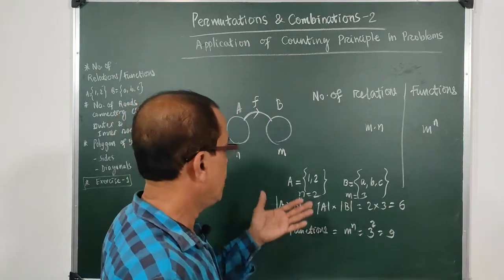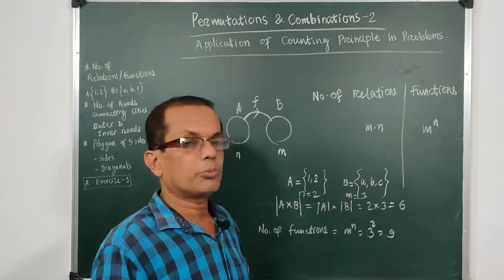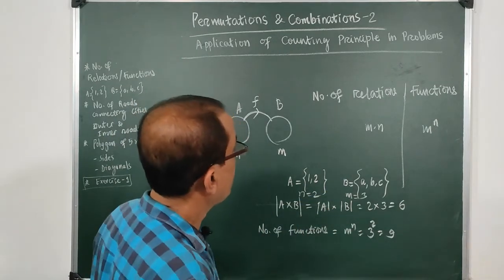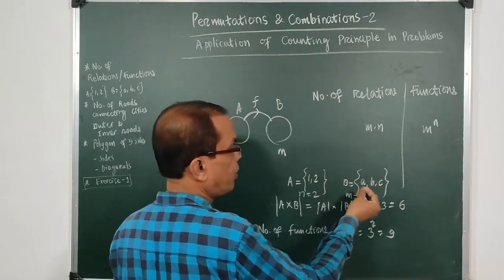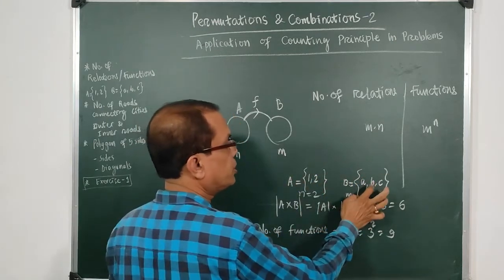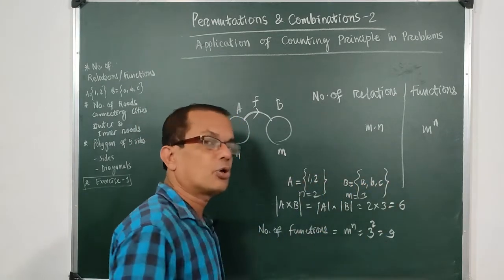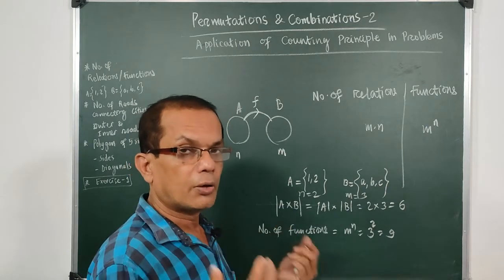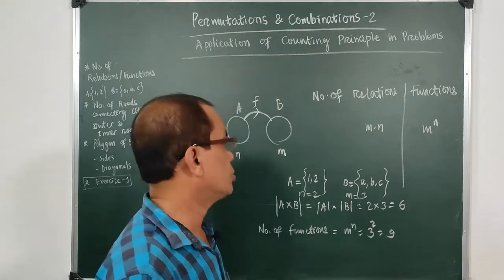So why is the number of relations differing from the number of functions? Because we have to find the pre-images of the elements in the second set B. I am talking in terms of the language of relations and functions.